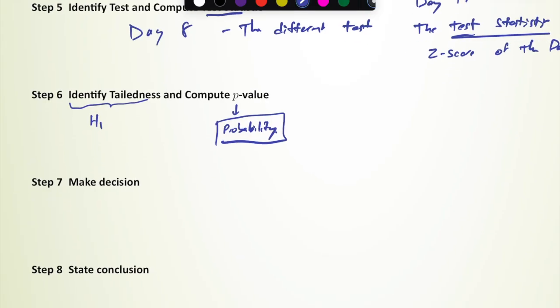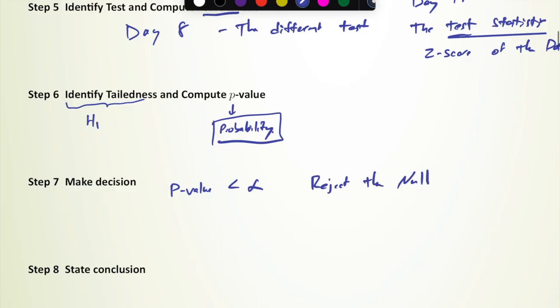Okay, then what you do is you make your decision. We have this decision rule. If the p-value is less than alpha, then we reject the null, because the probability of me getting data as extreme or more extreme is very, very small.